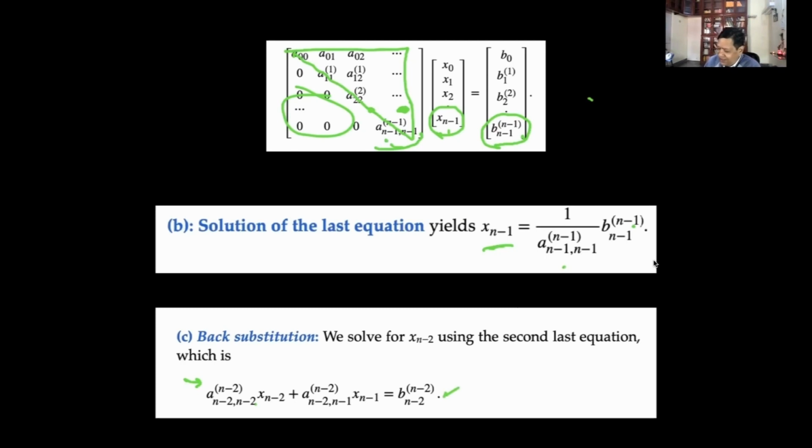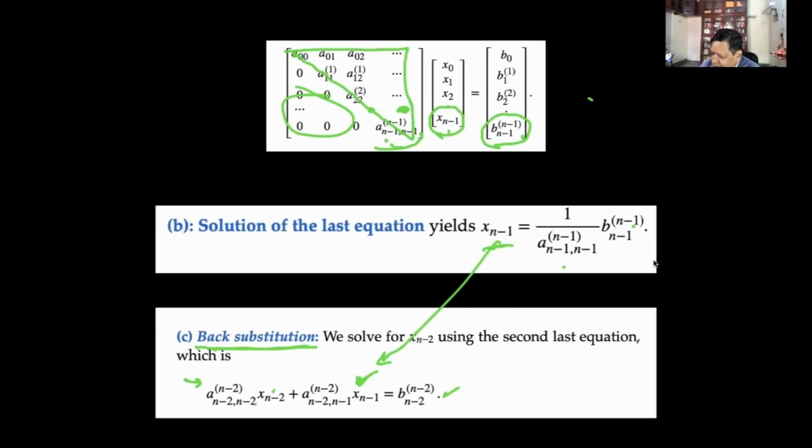Simple equation, no? We already know x_{n-1}. This is known here, so I can compute x_{n-2}. This is called back substitution. I substitute back x_{n-1} and compute x_{n-2}.